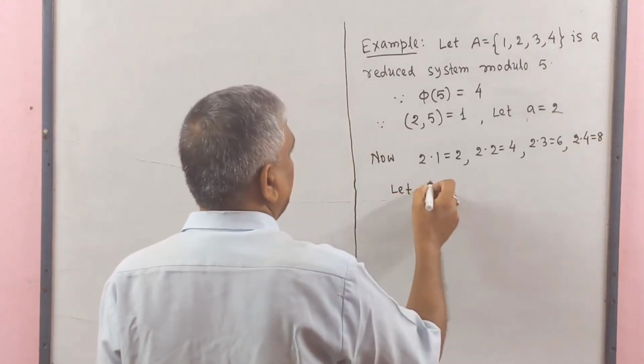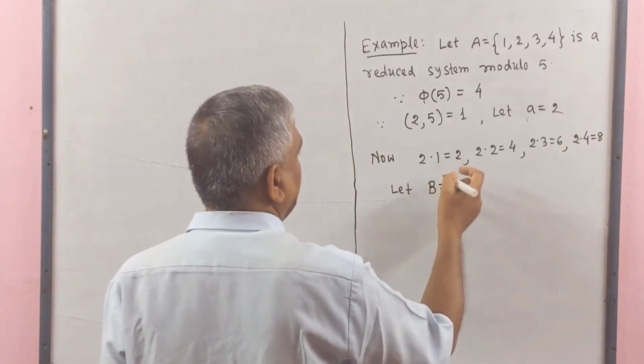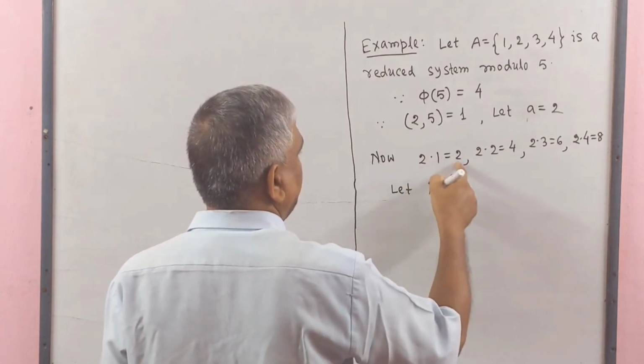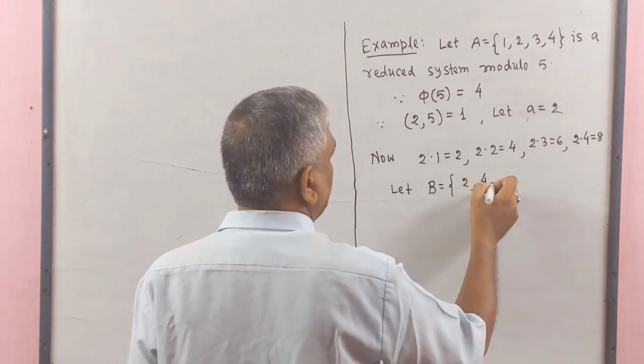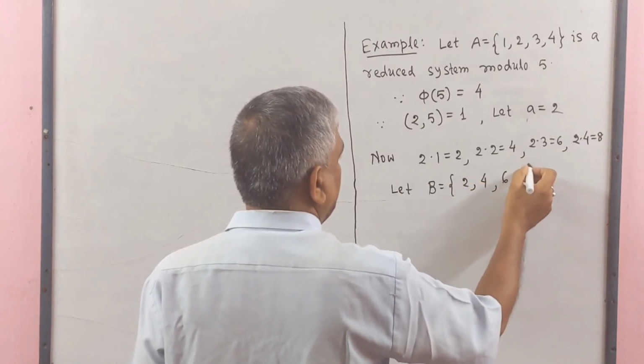Let B be a set containing these integers 2, 4, 6, 8.